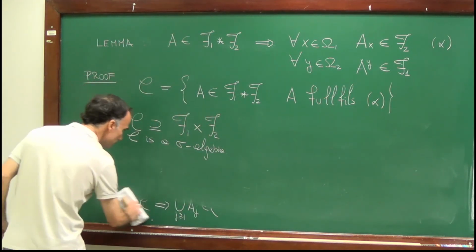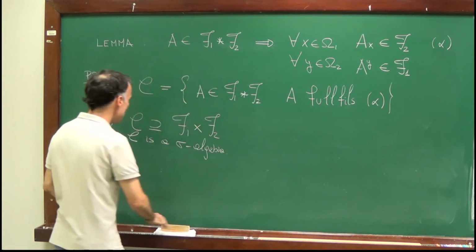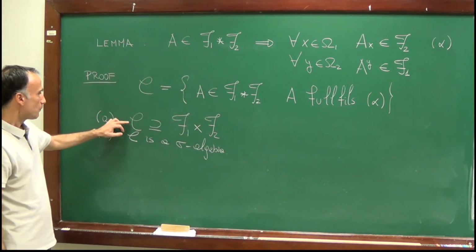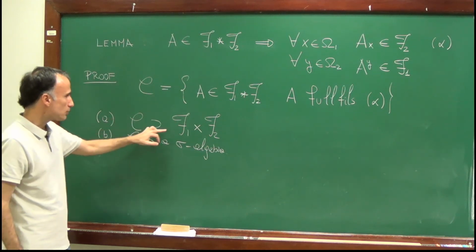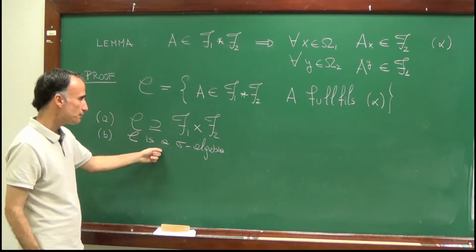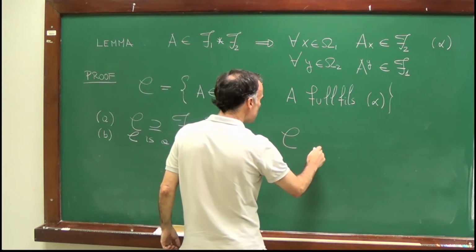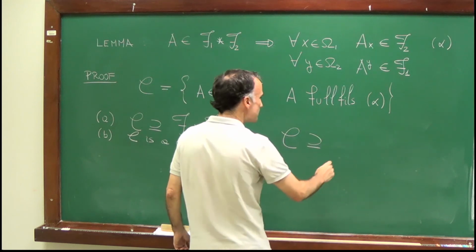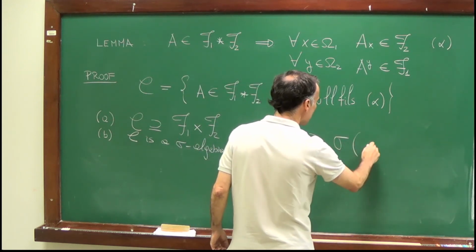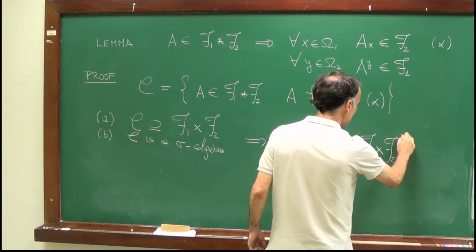Now we can conclude. Well, on the one hand, C contains the rectangles. On the other hand, C is a sigma algebra. Therefore, C must contain the sigma algebra generated by the rectangles. Right?